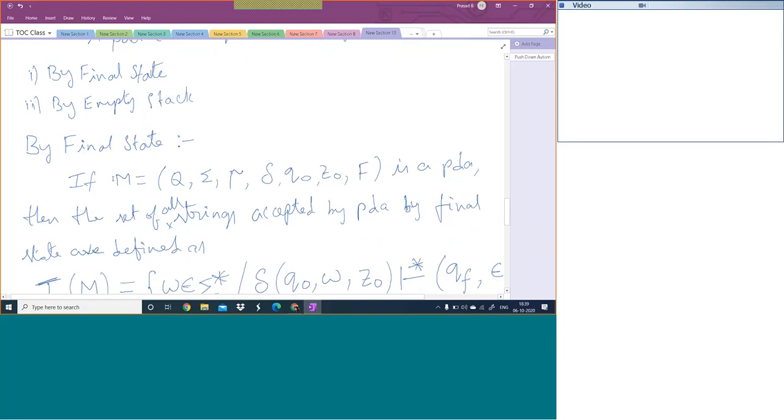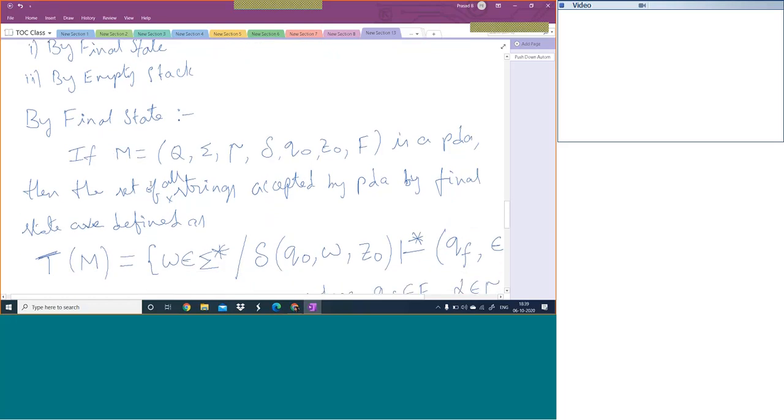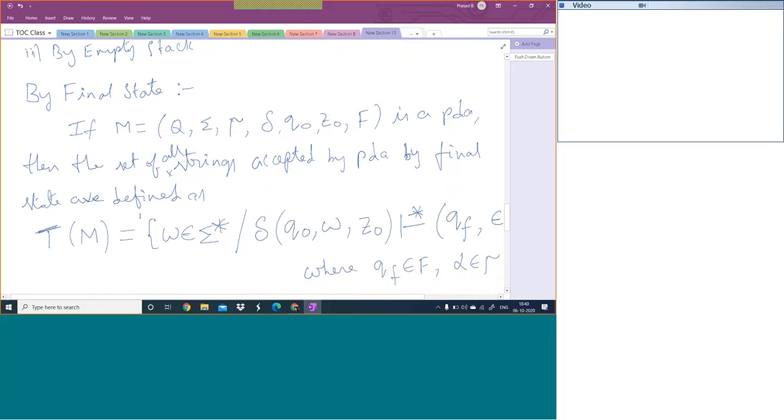First one, by final state. Suppose this is the PDA: Q set of states, sigma set of inputs, gamma set of stack symbols, delta transition function, q0 initial state, Z0 initial stack symbol, F set of final states.